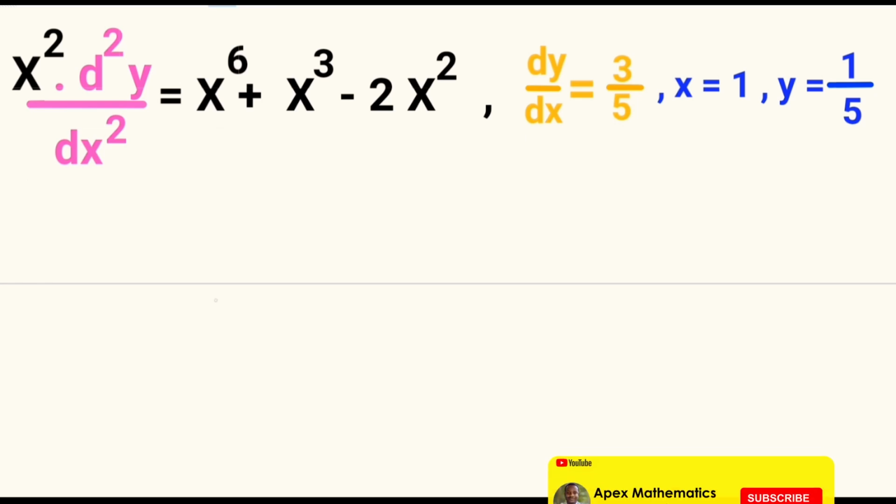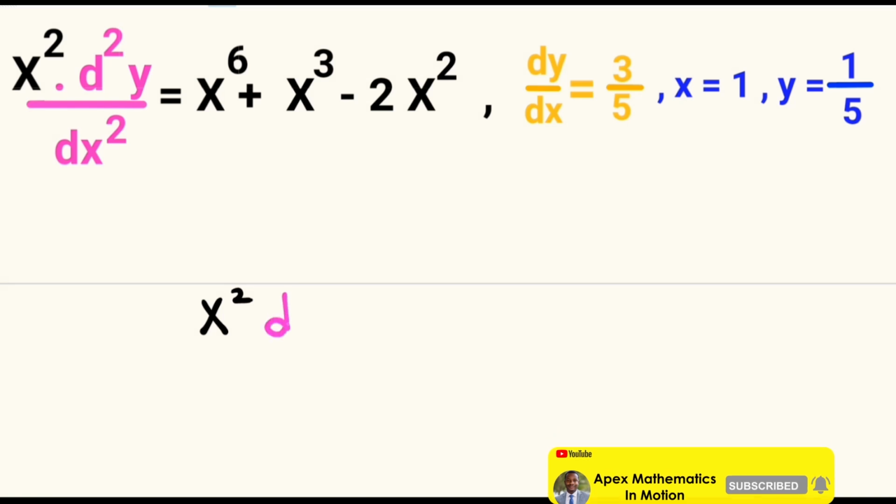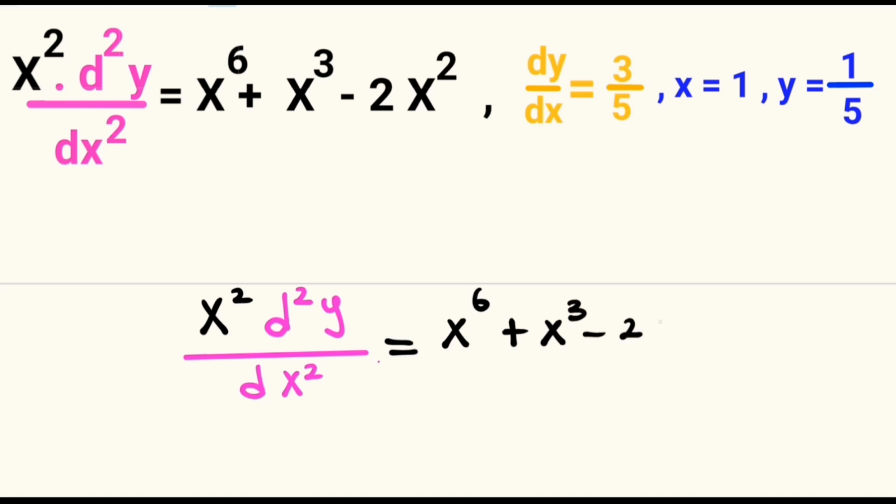We have x squared, which is multiplied by the second derivative of y with respect to x, and this is equal to x to the power 6 plus x cubed minus 2x squared.